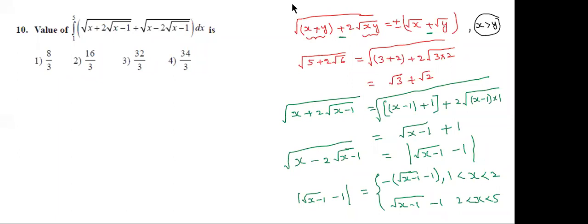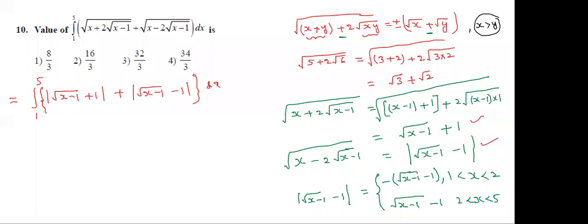Okay. Now we have to split this integration. First I am writing integral 1 to 5 of modulus under root x minus 1 plus 1, this is the first term, plus the second term under root x minus 1 minus 1 dx. I have written this directly because I already split it here. This is 1, this is 2. Now change the limits.